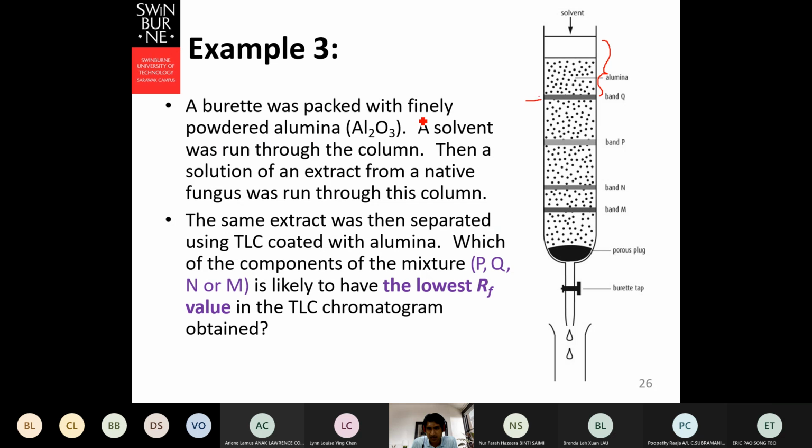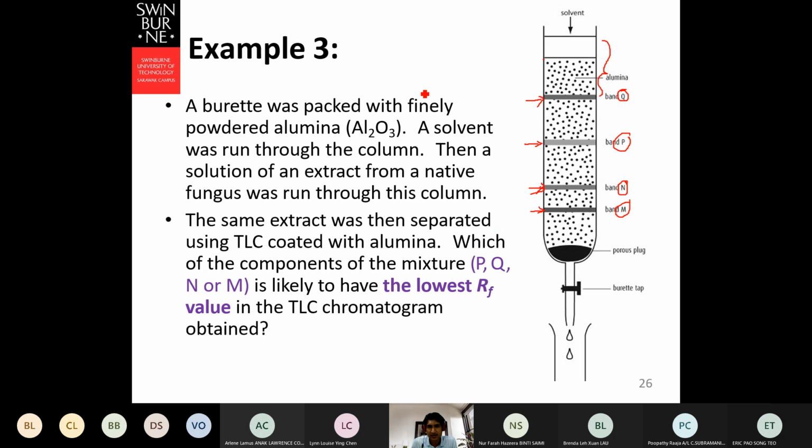It got separated. There are 4 things mixed in the sample, and they got separated. So they are denoted P, Q, M and N. This is P, this is Q, N and M. So which of them has the lowest retention factor?